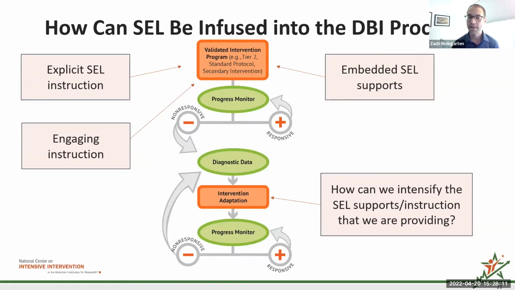And how can we tailor or modify this intervention in a way that's going to support their social and emotional competencies. So I think that this is a starting point for thinking about how we can bring together the DBI framework that we use in intensive intervention with this idea of explicit, embedded SEL supports, as well as engaging instruction.